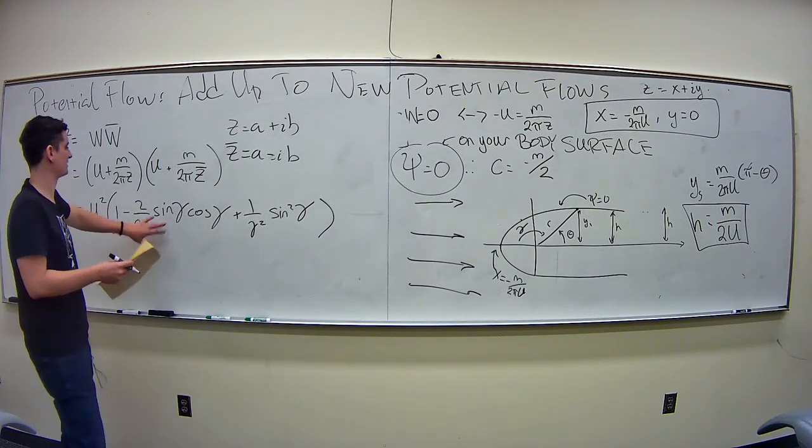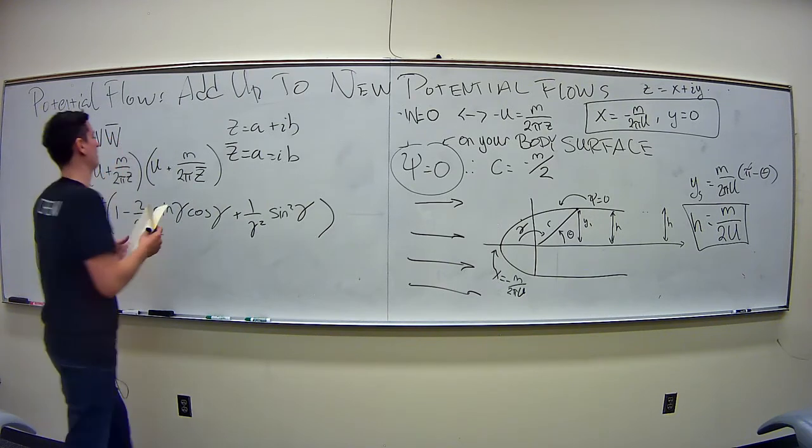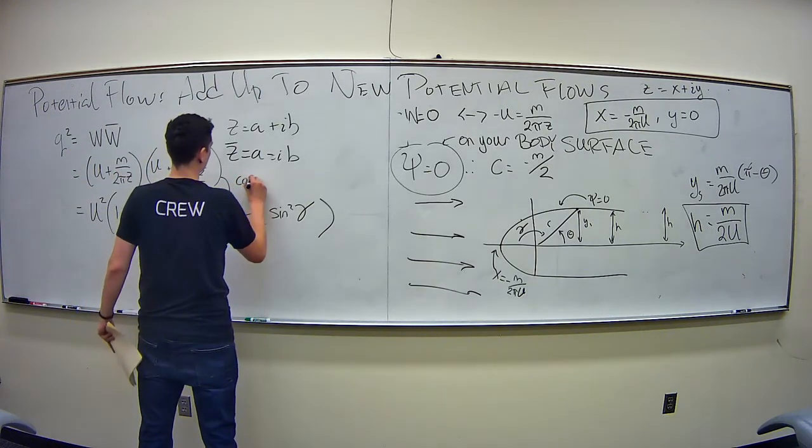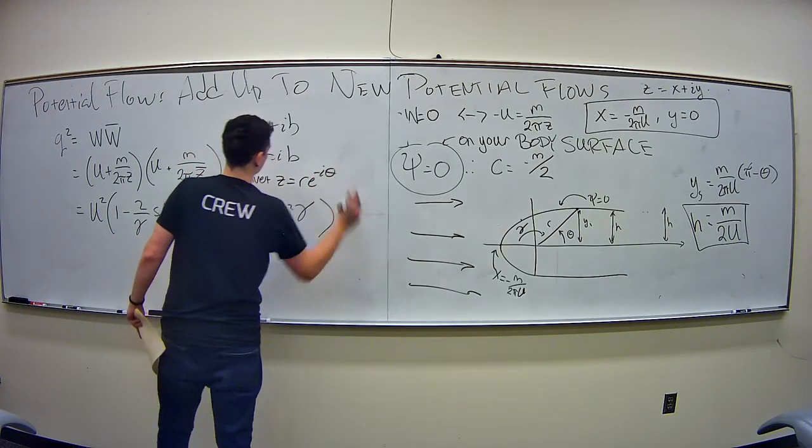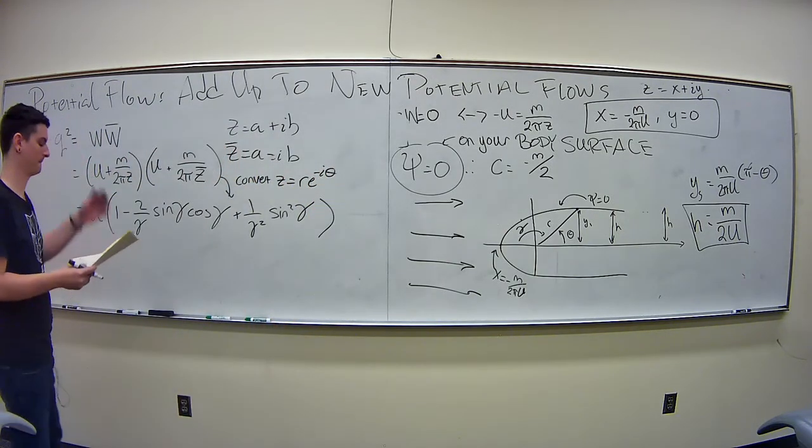So I'm just going to jump here. You do this multiplication out, then convert to the polar notation.